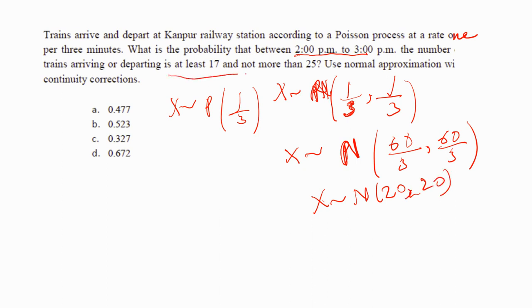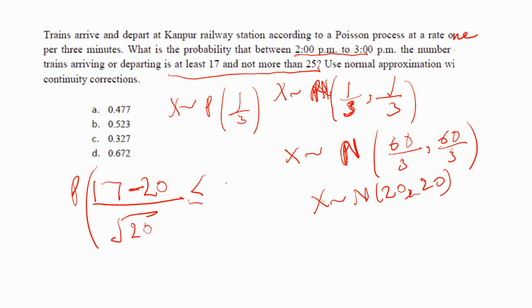Now what is given here is that it is at least 17 and not more than 25. So if you go with Poisson, then you need to find it for 17, 18, 19, 20, 21, 22, up to 25. But for the normal, what we do here is we use the standard normal variate, and then we just find it. So it will be (17 minus 20) divided by root 20, less than or equal to z, less than or equal to (25 minus 20) divided by root 20.